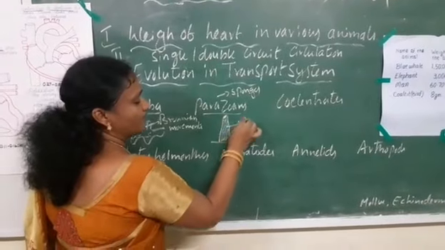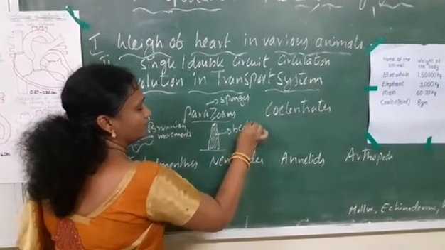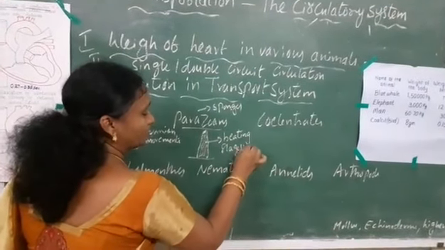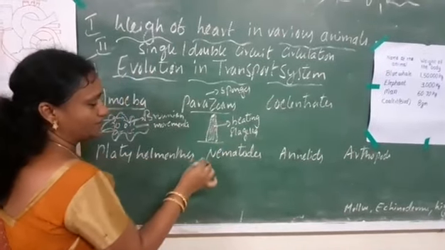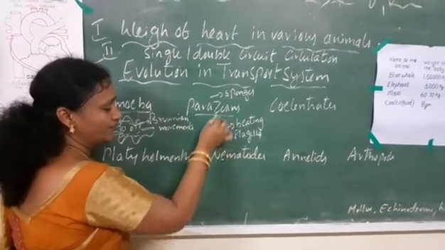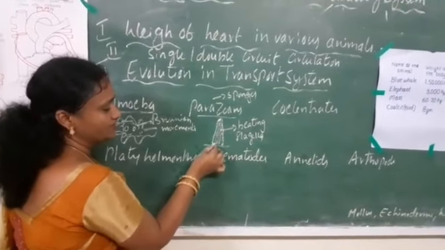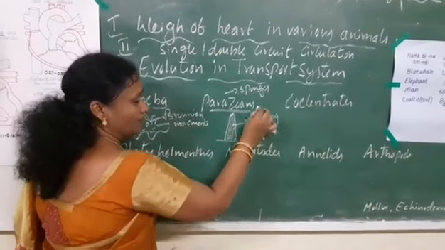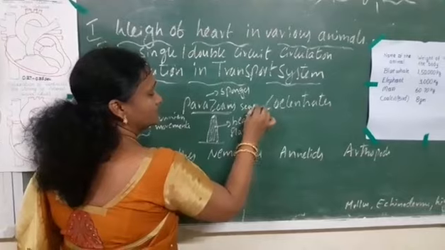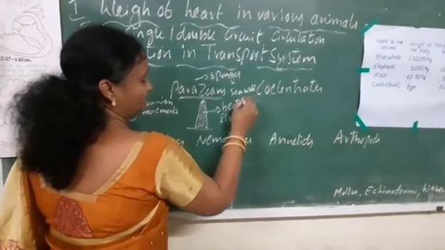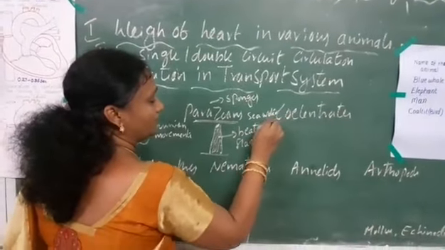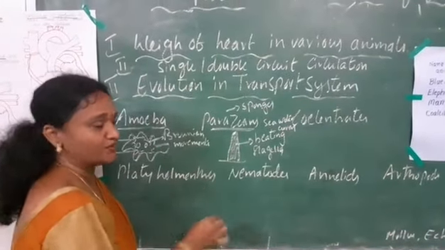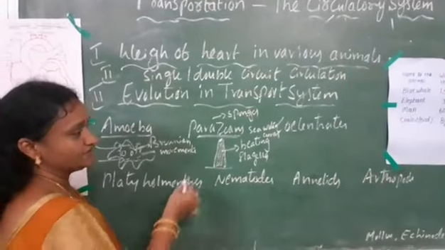The beating of flagella is helpful to transport the substance from one part to another part, and in the same way it is transported to each and every cell, and the waste material also is removed in the sponges. So sea water currents and beating of flagella are helpful for the transport of substances in the parazoans, that is in the sponges.